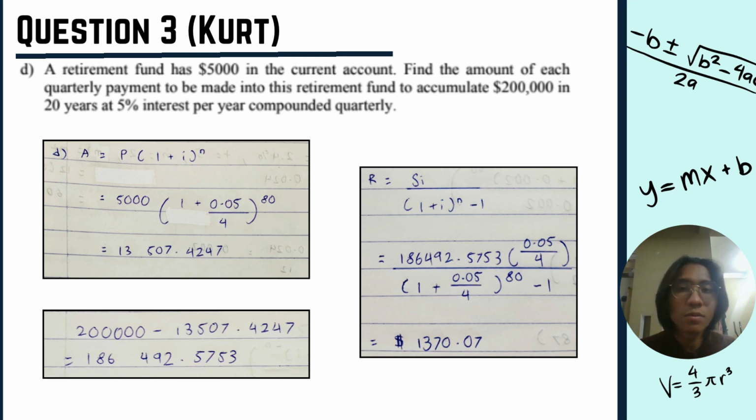Okay, and then lastly, we can use the formula, which is S_n, the R formula, to get the quarterly payment to be made into this retirement fund account.